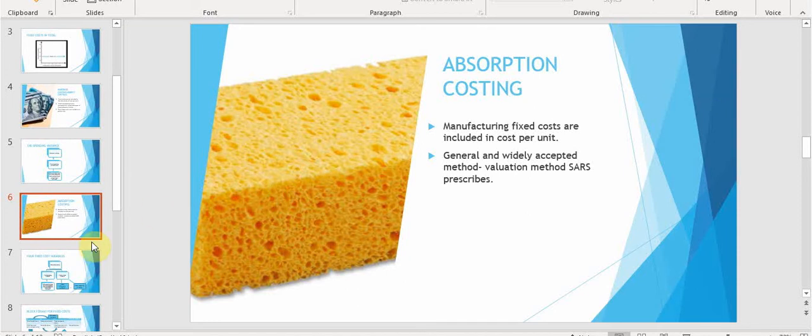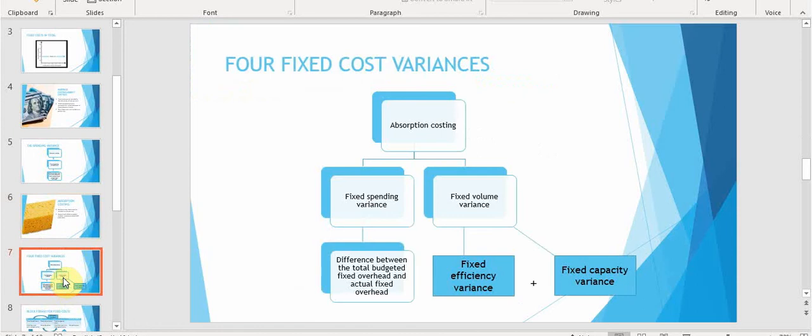Right, if we tell you in a question that absorption costing is indeed applied as evaluation method, then there are basically 4 fixed cost variances that you will apply. So in the first instance, you will still calculate your spending variance, which is the exact same calculation you would have done if marginal costing were applied. However, there's now also a fixed volume variance that needs to be calculated.